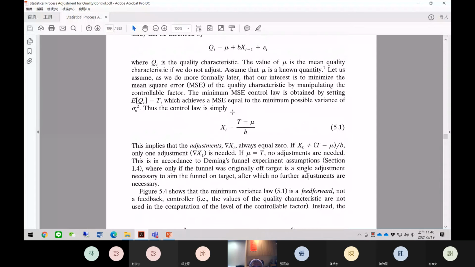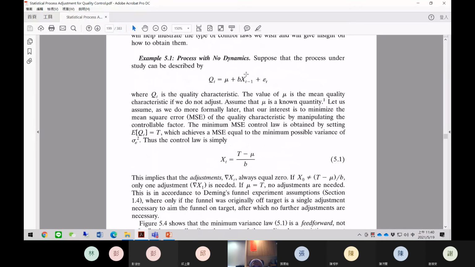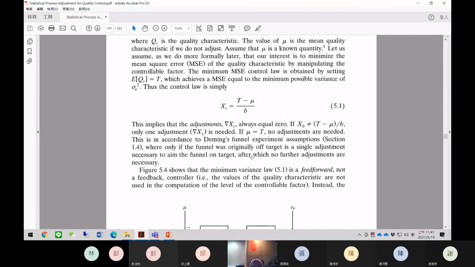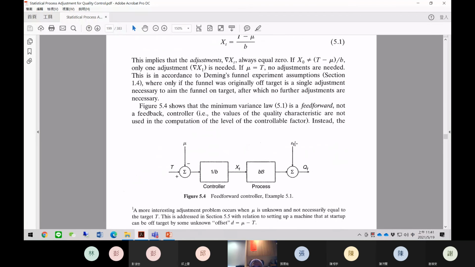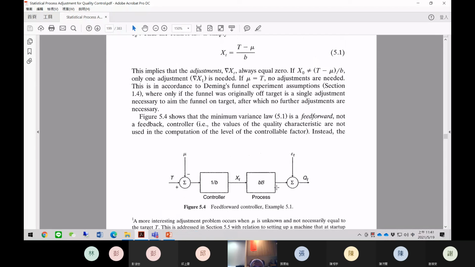So we have the backward operator, t minus 1, then multiply by B, and we add epsilon t to produce Qt. It's kind of cool, right? So this is a feed forward controller.